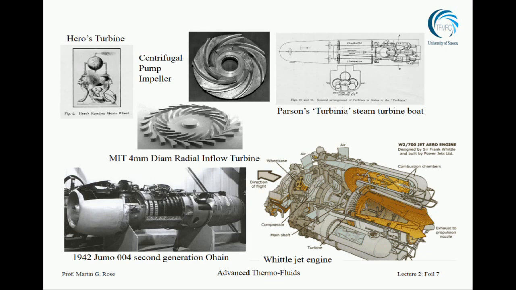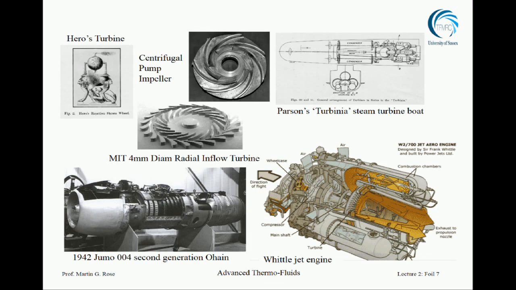Other end of the scale, this little thing here, which is 4 millimeters in diameter, is a very modern radial inflow turbine designed by MIT. It was supposed to be the power source for a laptop. The truth is that it could never have been the power source for a laptop, because the exhaust temperature from the gas turbine when it was running was 700 degrees C. You could have predicted that with undergraduate knowledge in 1 hour at the start of the project, but the Department of Defense spent $30 million finding out.